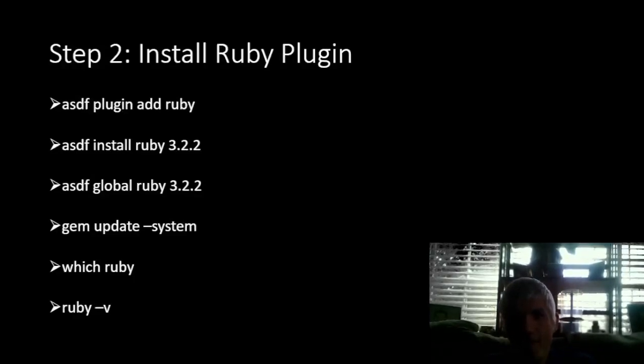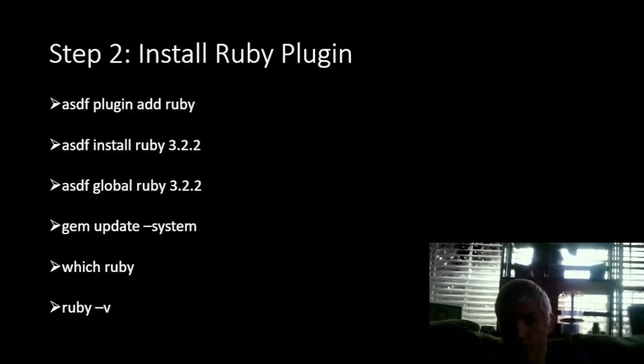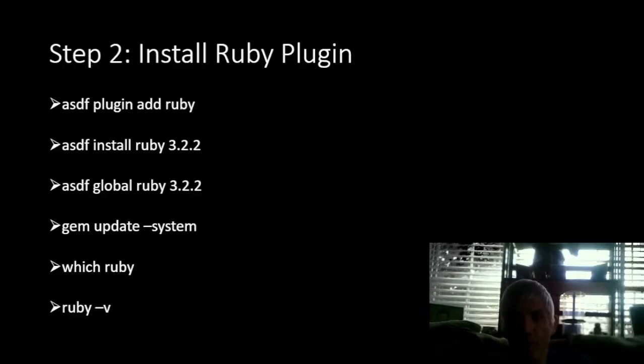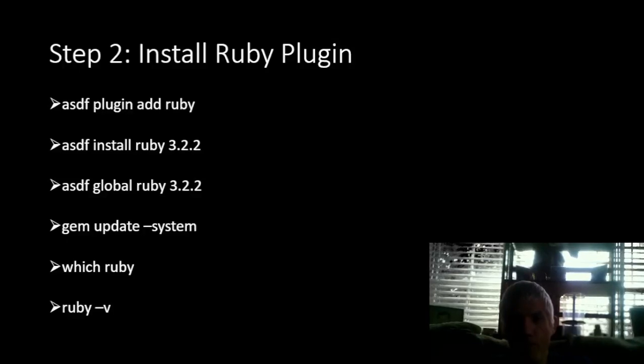Alright, as you can see, now that we successfully installed the ASDF plugin manager, we're now going to use it to install the Ruby plugin. The commands involved in that process are asdf plugin add ruby. Then we're going to install Ruby version 3.2.2 by typing asdf install ruby 3.2.2.